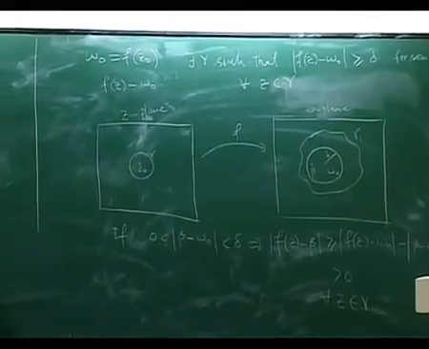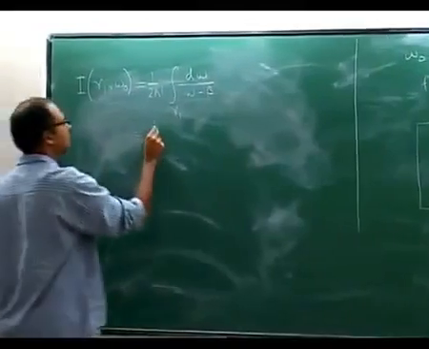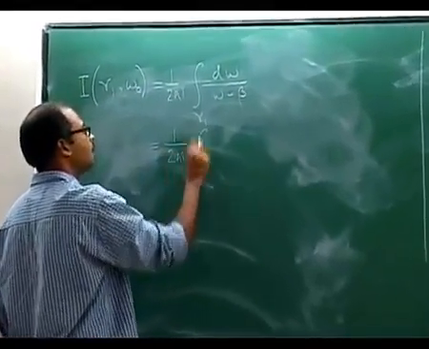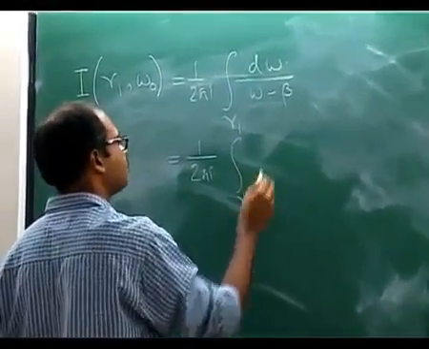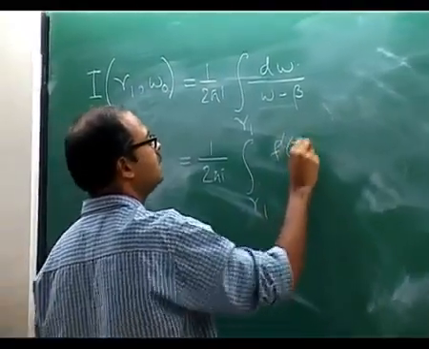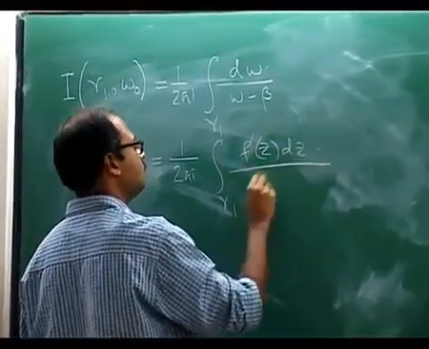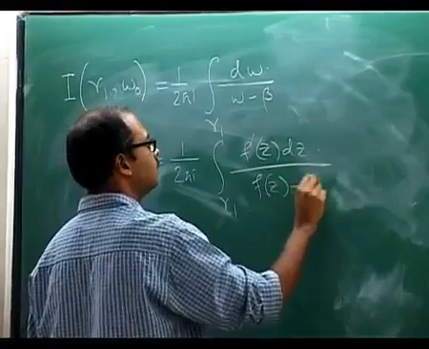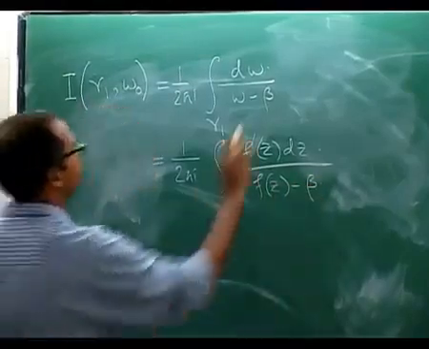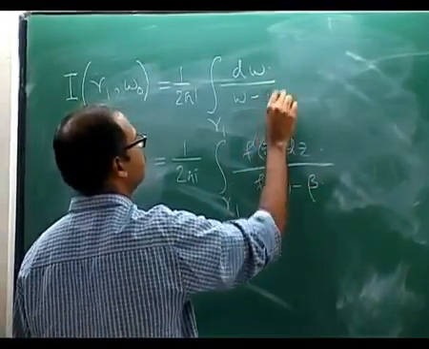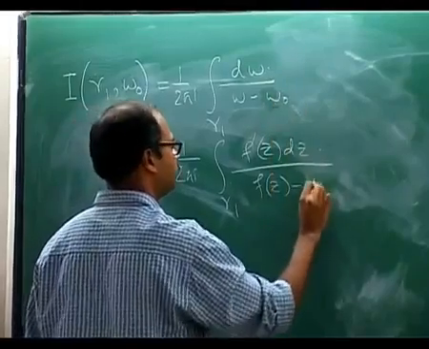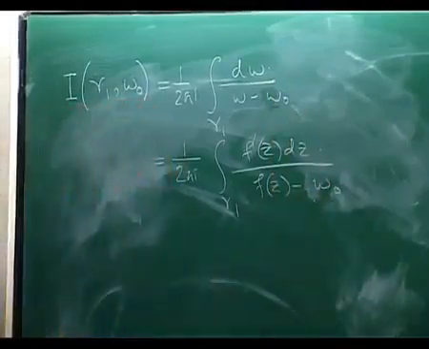Now if I put w equal to f(z), then what it gives is the integral of f dash z dz over f(z) minus w naught.